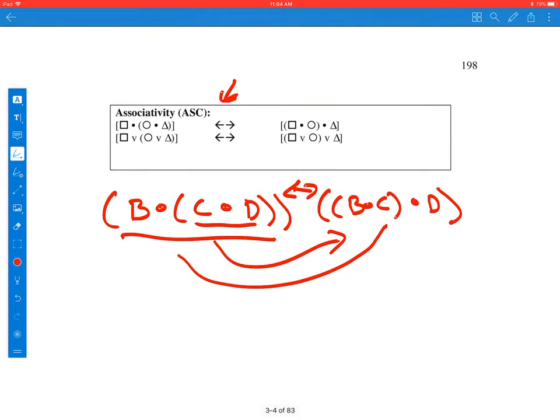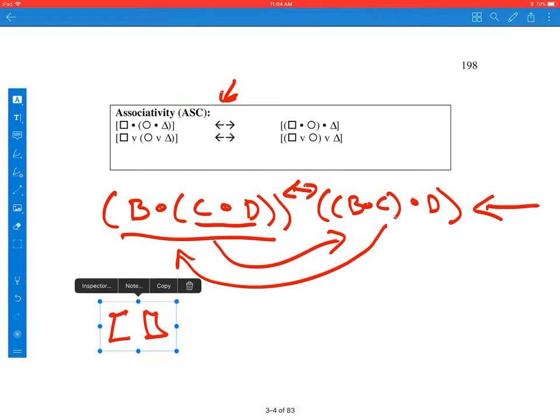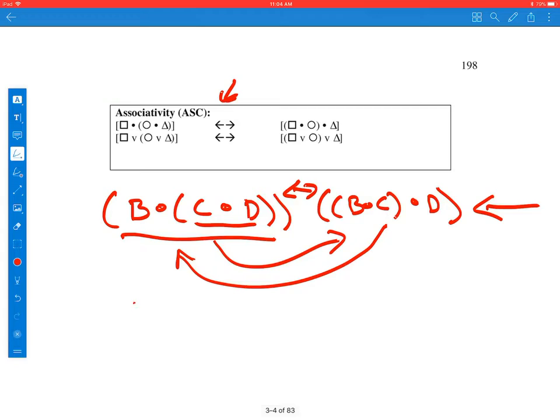So if we have an instance of this, we can move to that. If we have an instance of that, we can move to this. Okay, so notice all of the operators in this were conjunction. We can do a similar sort of thing if all of the logical operators are disjunctions. Oh, let me change it to statement constants instead of variables.